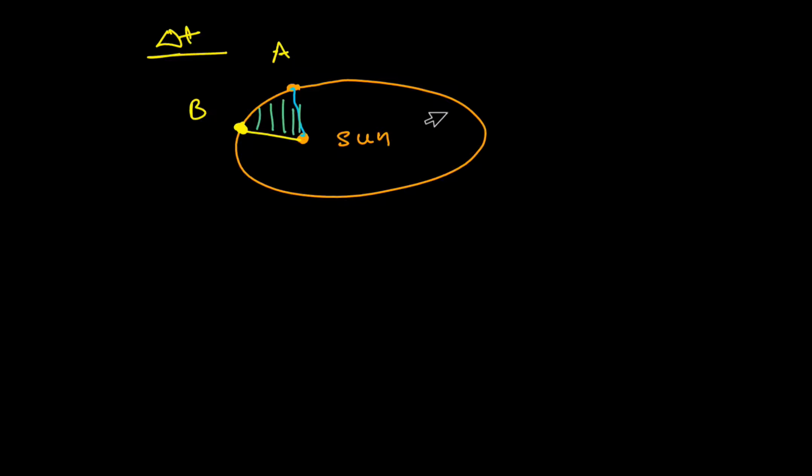That is, if we take a delta t interval of position of the planet from here to here, then this area will be the same as this area.